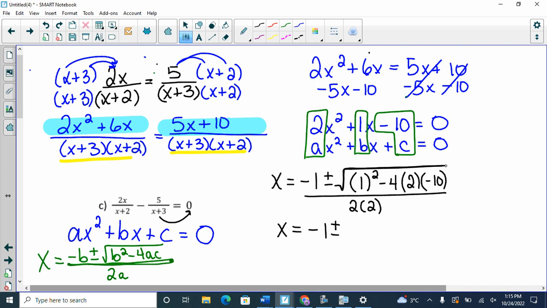So type in square root, bracket 1, bracket squared, minus 4, bracket 2, bracket, bracket negative 10. Oh my gosh, just type it in the way it is. Every person is typing it in. You should get 9.